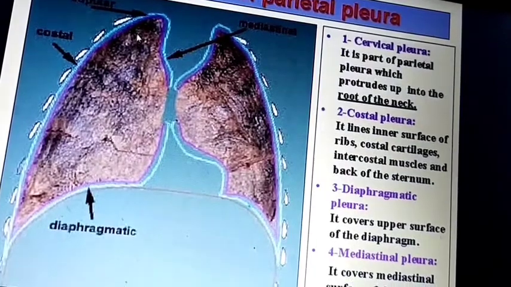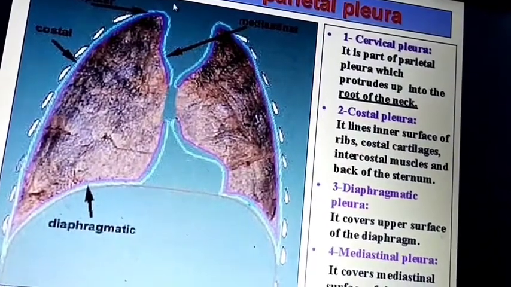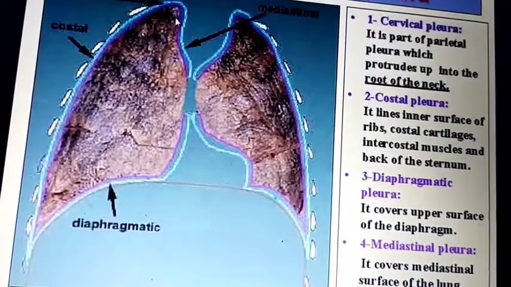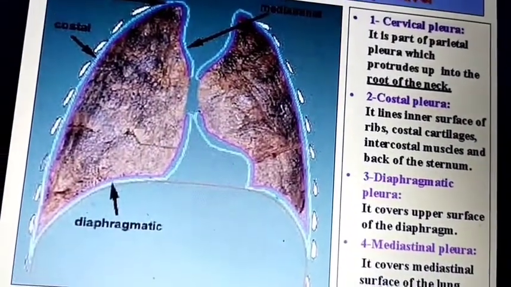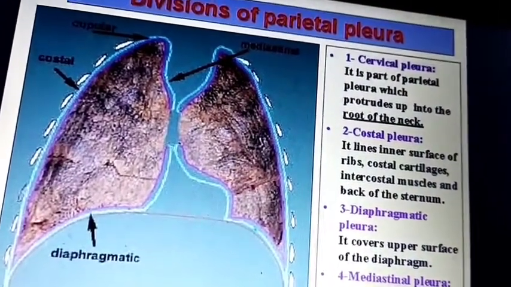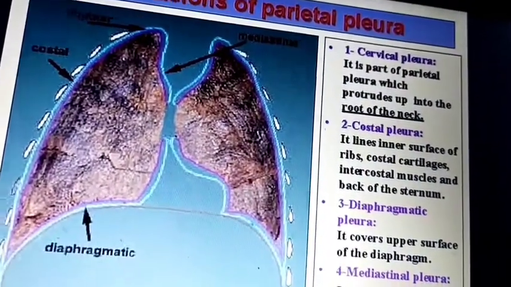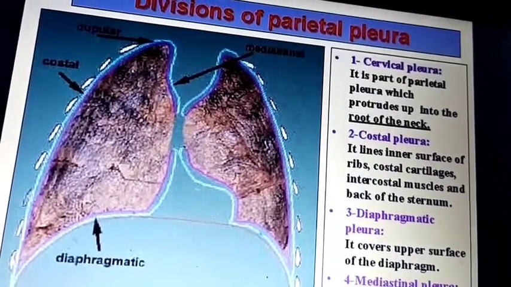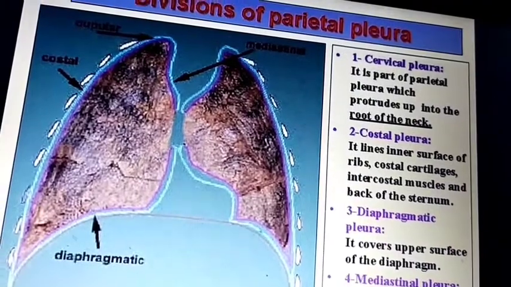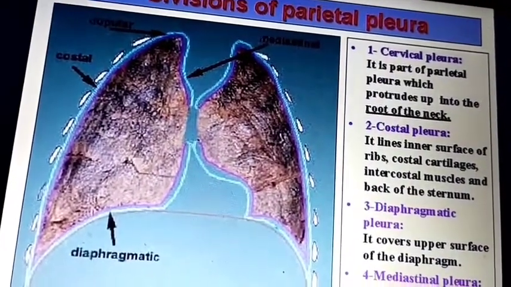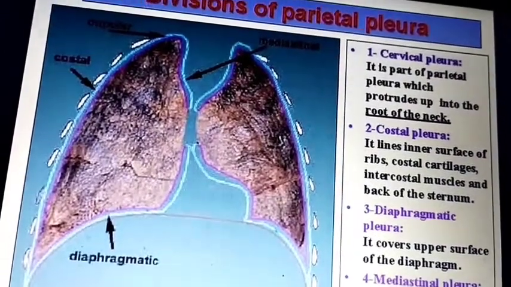Okay, and it also has a relation with the fascias of the neck. Cervical means these are the cervical bones, they are present in the neck, that's why the name came from cervical. It is also said to be a capsular pleura, because just as we put a cap on the head, in the same way this pleura covers the head or apex of the lung.